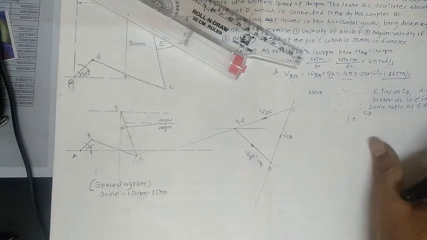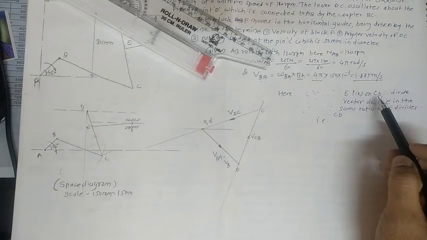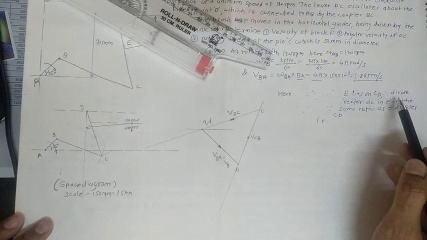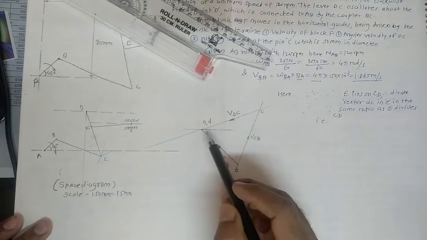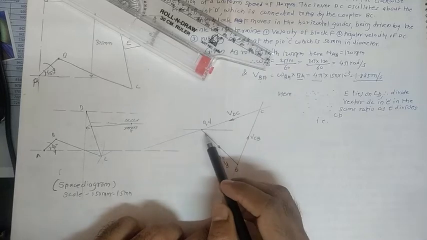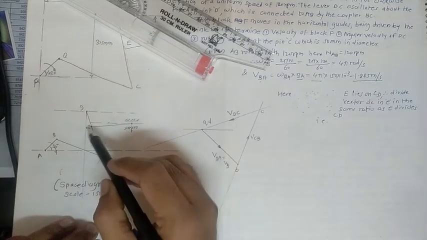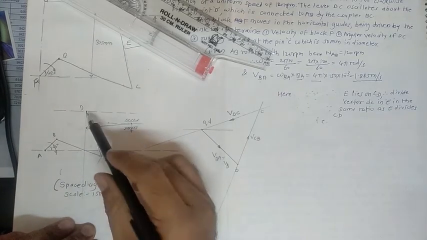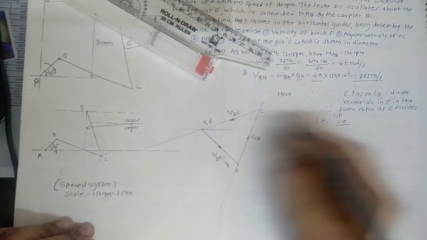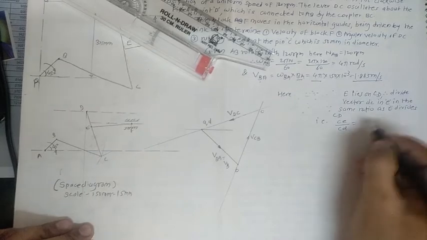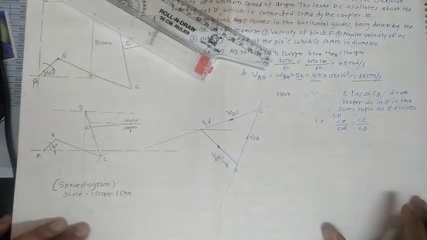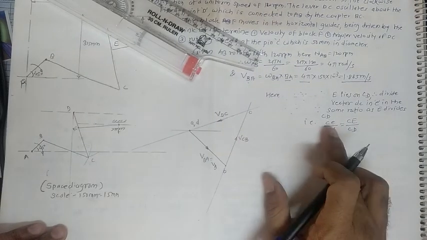E lies on CD, therefore it divides the vector BC at E in the same ratio as E divides CD. That is, we can write CE divided by CD equals CE divided by CD. In this way we can get the length CE.